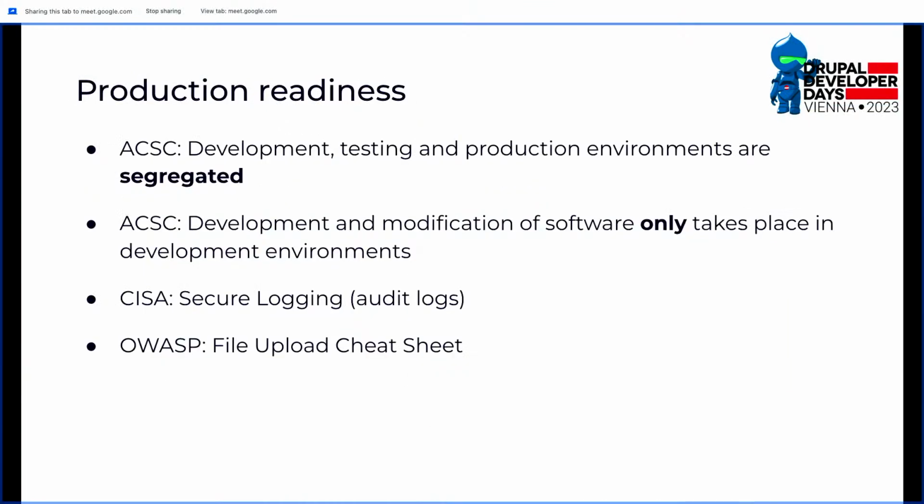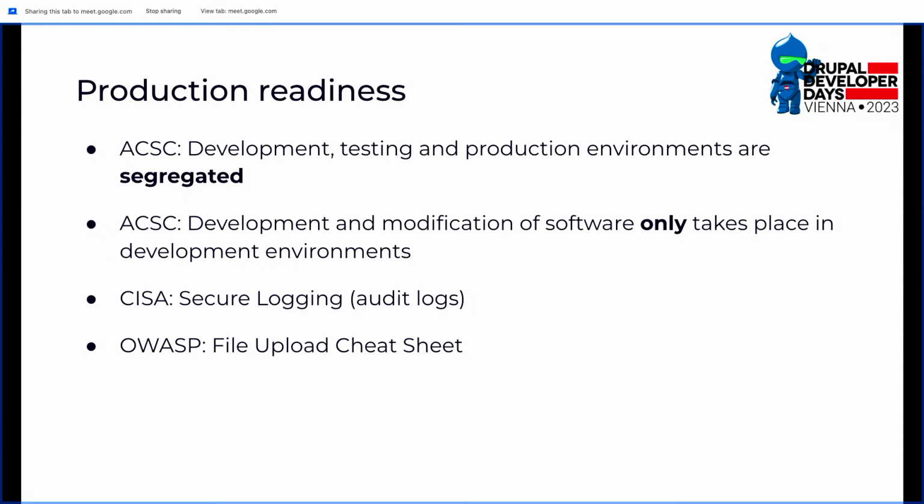And the last one, production readiness. So what do you need to do to be ready for production? So the Australian Cybersecurity Center specified, put it in writing, I haven't seen that anywhere else, that development, testing, and production environments have to be segregated.